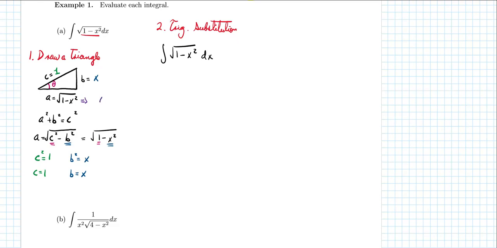So the cosine of theta should be equal to the side adjacent, which is the square root of 1 minus x squared, divided by the hypotenuse. Now lucky for us, the hypotenuse is 1, so we can replace the square root of 1 minus x squared with the cosine of theta.